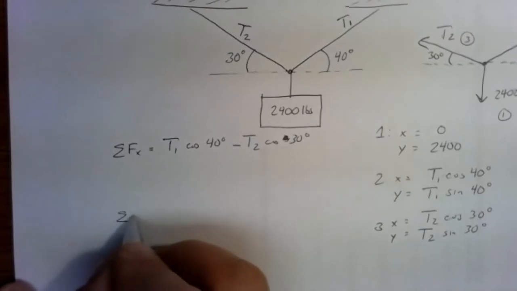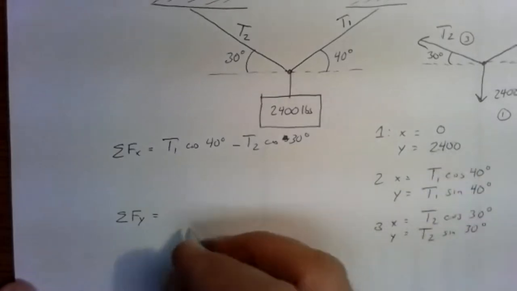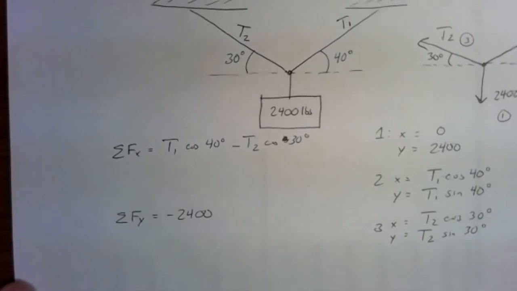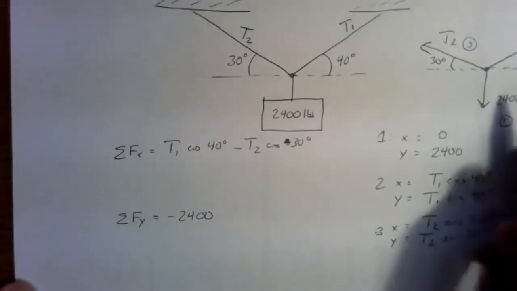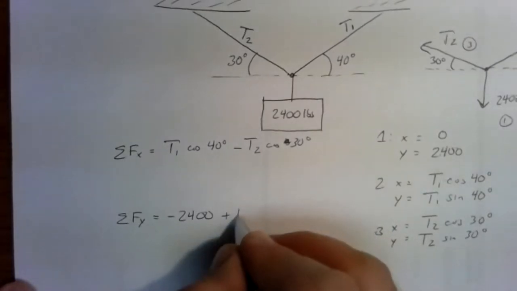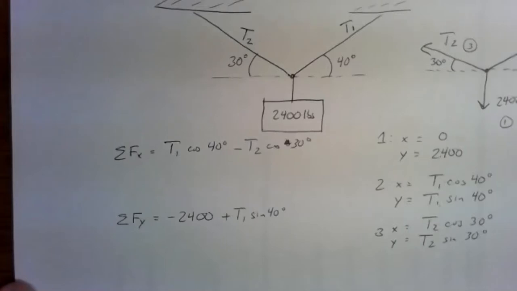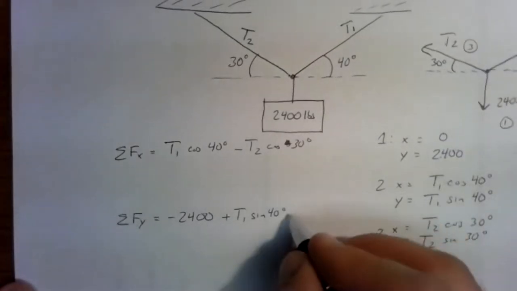For the y direction, we've got negative 2,400. We have T1 sine 40, and that's up, so positive T1 sine 40 degrees. And we have T2 sine 30.